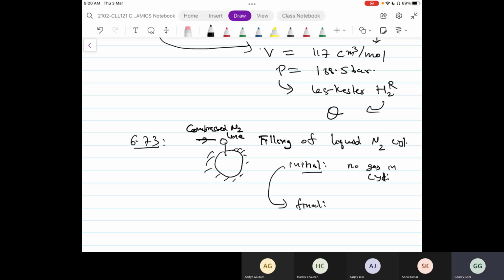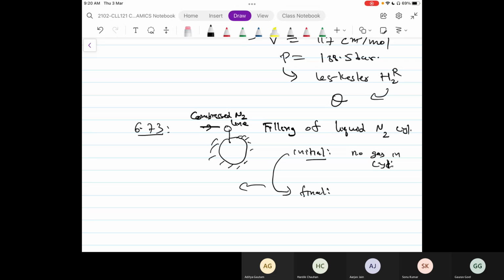So on the path from initial to final, you will first get superheated vapor states, very low pressures inside, and you have to continue till you get a saturated vapor, that's what they say in this problem. Okay, in reality you will go beyond this till you get saturated liquid, but here all they are saying is you will stop at the point where you are getting saturated vapor.